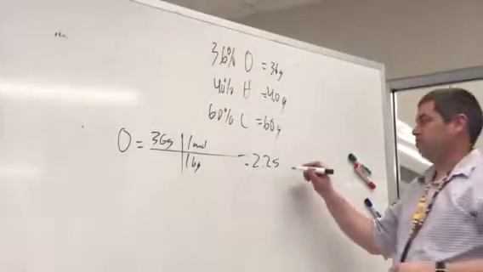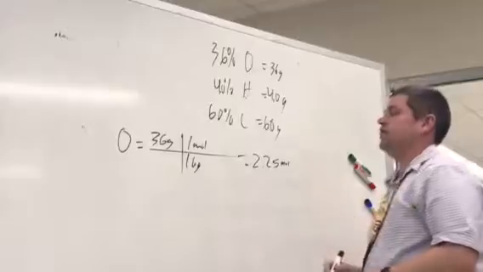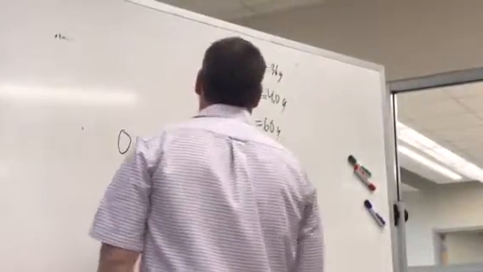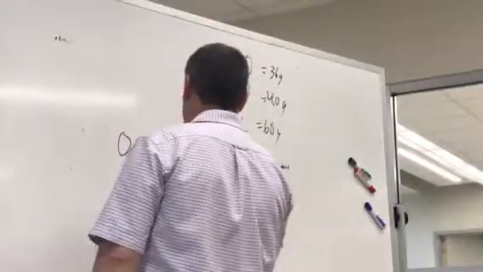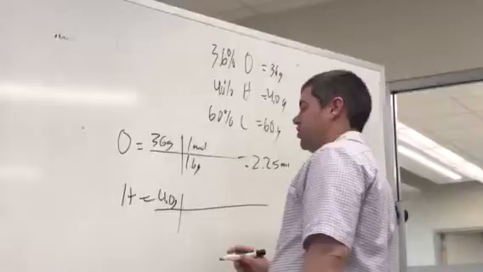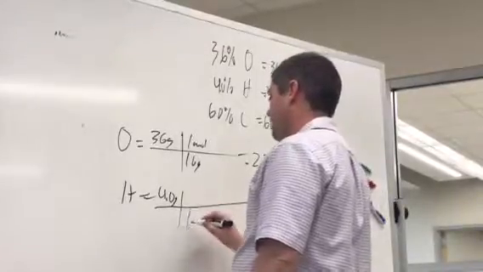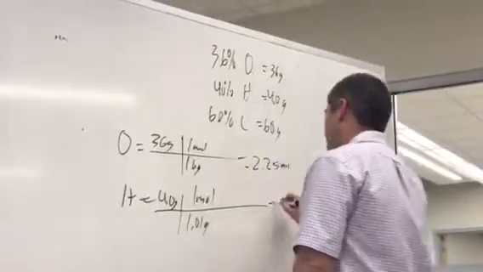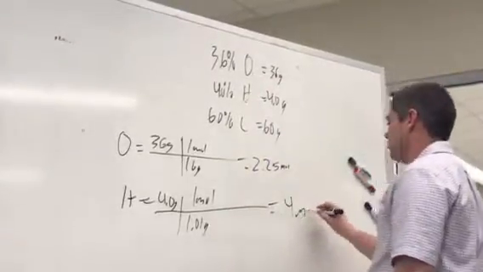So I have 2.25 moles of oxygen. Hydrogen I have 4.0 grams. Change that into moles: 1.01 grams equals 1 mole, which essentially means 4 moles of that.